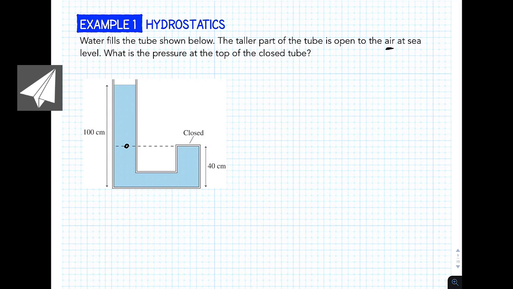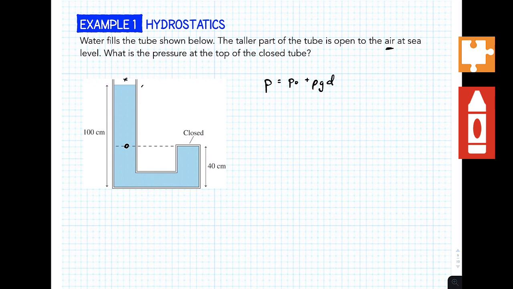To do that, we have to start with the pressure here and then use our gauge pressure to add the pressure as we go down. Okay, so to do that, we start with this pressure equation, which is total pressure is equal to initial pressure from this fluid here, which in this case is air, plus rho g d for depth.